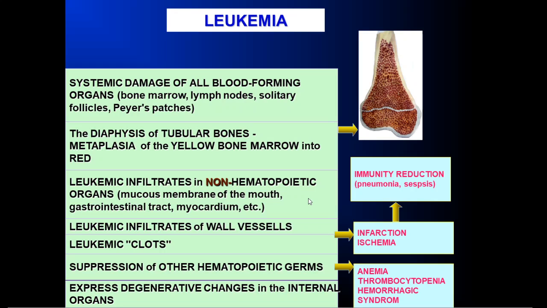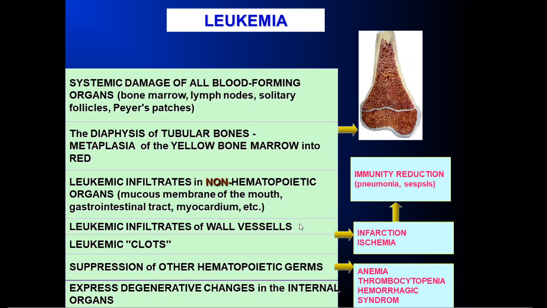So, leukemic infiltrates, they're like COVID in our modern society, so it spreads everywhere. So, leukemic infiltrates spread from this part of the bone marrow into this one, and that's why instead of fat here we have cells.